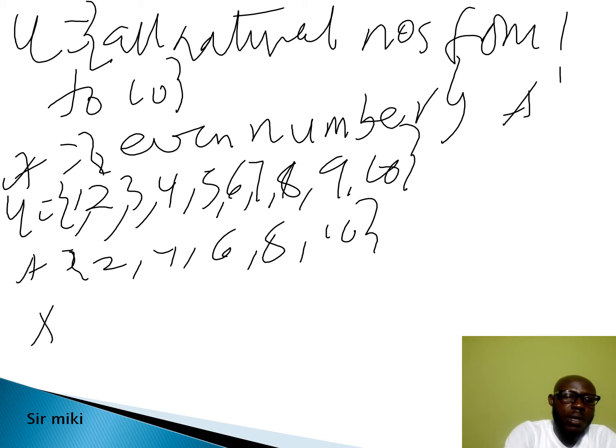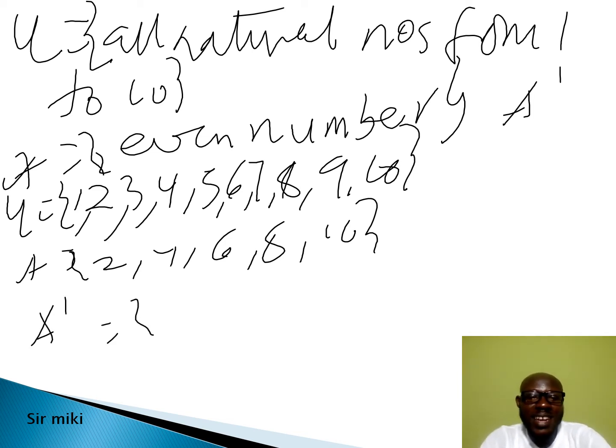Now A complement. A complement becomes elements that are in set U but cannot be found in set A. I repeat, when we say A complement, they are the elements found in set U but cannot be found in the subset. So the subset of set U is A, and the elements of set A are even numbers, as you see on the screen.